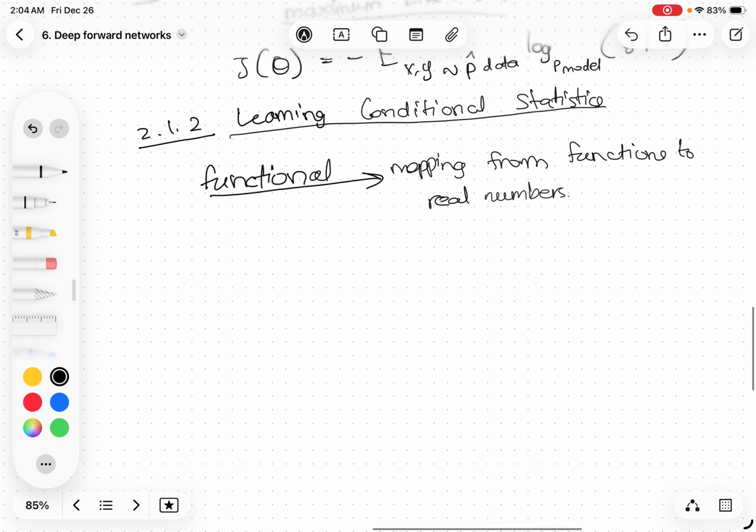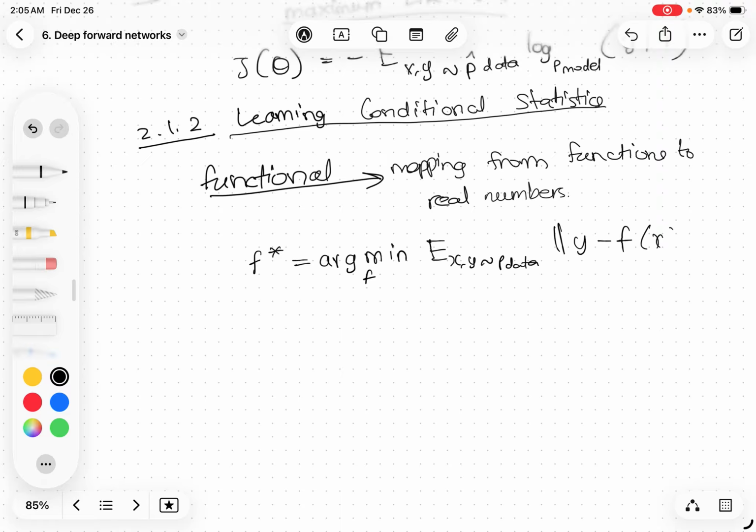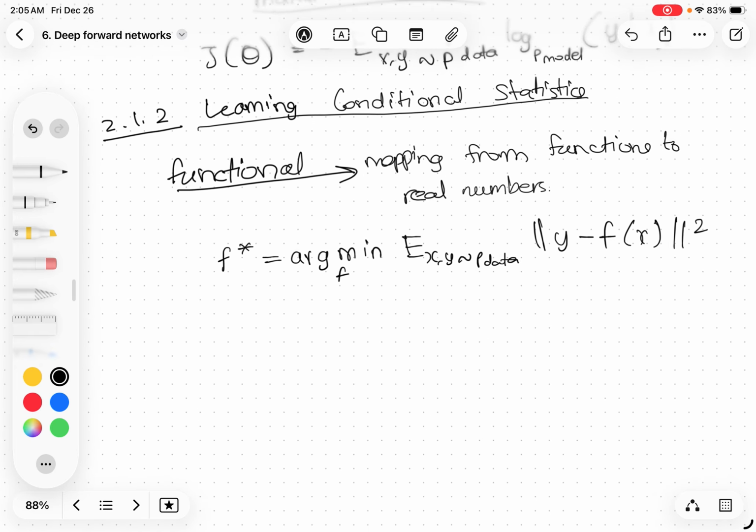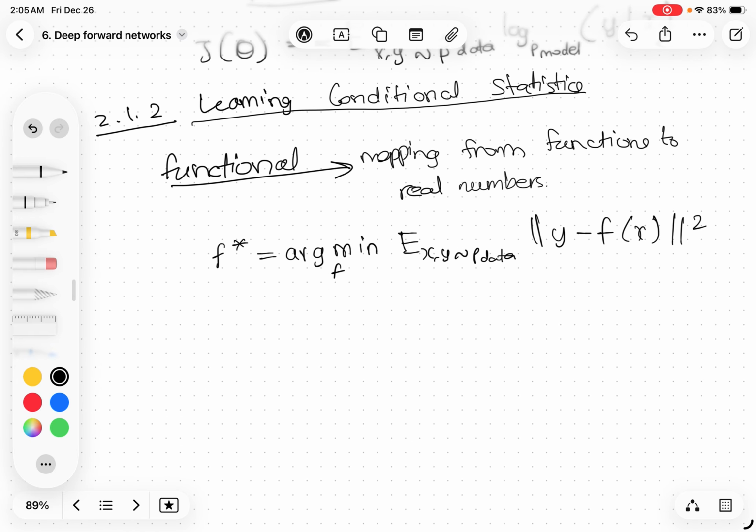The first result derived using calculus of variations: solving the optimization problem f star, which is basically our function arg min of f, the expectation over x, y of p theta of y minus f of x, all squared. So this is still the cost function.